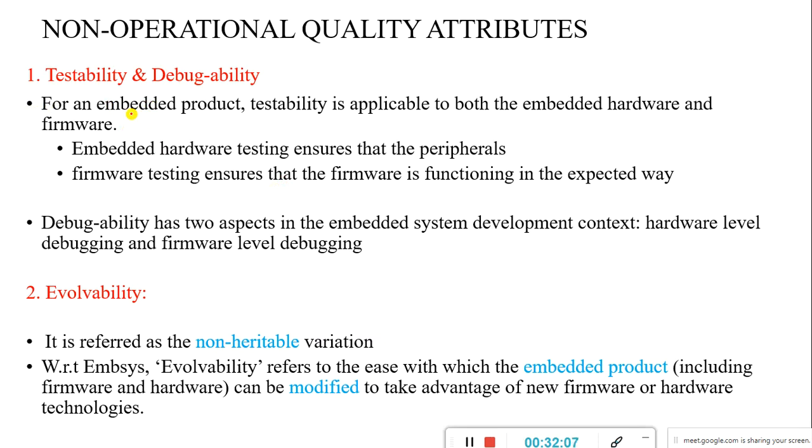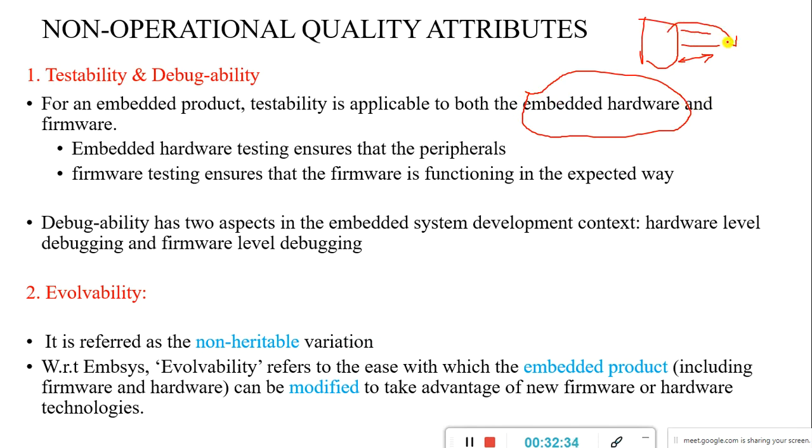For any embedded system or product that you consider, testability is applicable for both hardware as well as software. Which means that whenever I design an embedded system's hardware, I should ensure that my interfacing ports are working or not, before getting into the market.